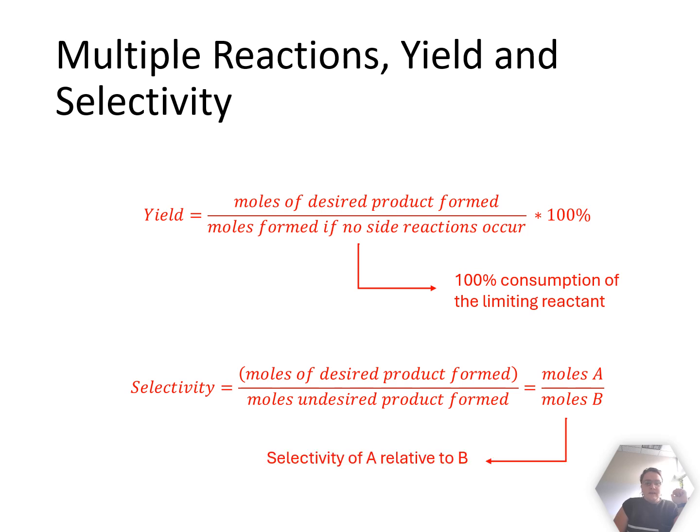In selectivity, it's a ratio basically of A relative to B or B relative to C or whatever happens to be in the system. So these are going to be some concepts that we're going to start to see when we start to see multiple reactions in our systems. So just make a note, take a pause if you need to, that yield and selectivity have the same numerator, but they have different denominators. They are both measurements that look at the amount of production of the thing that we want, but they look at it in a slightly different way.